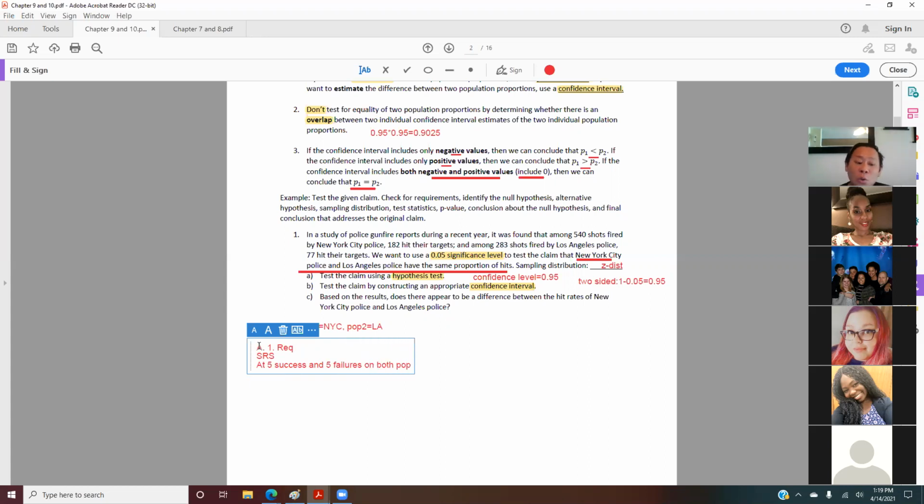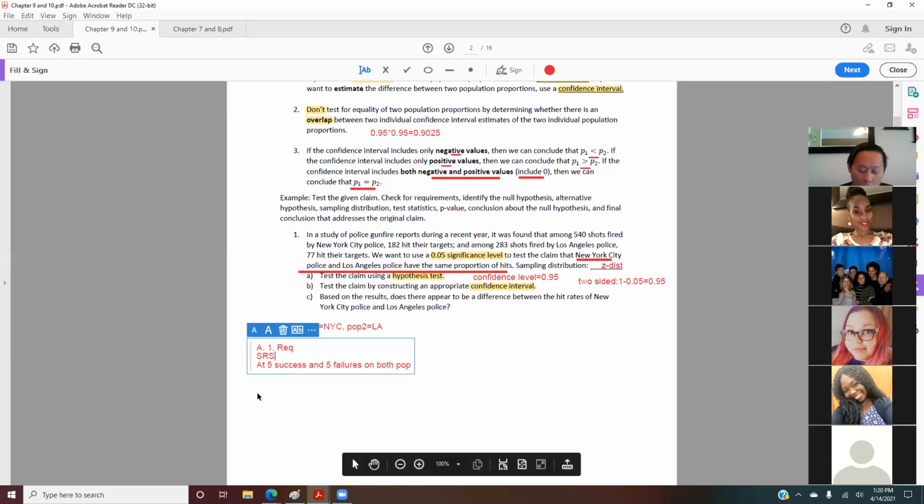These are the 2 requirements that you have. So is this a simple random sample? Again, you're looking for a random sample here. Of the 540 shots fired, do they state in the question that it is a random sample?